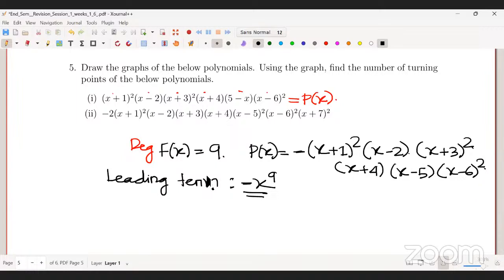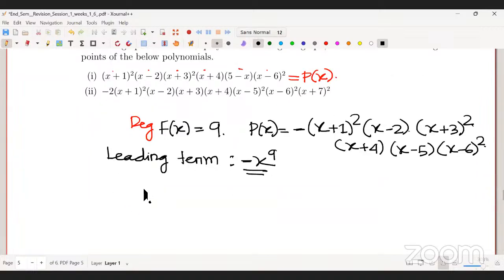Here the roots are already given, so by just looking at the polynomial, you can get all the roots. The next thing is to find the end behavior, and to get an idea about it you need to know the leading term. Now can you tell me about the end behavior of this polynomial?